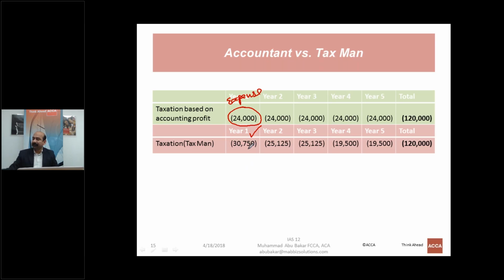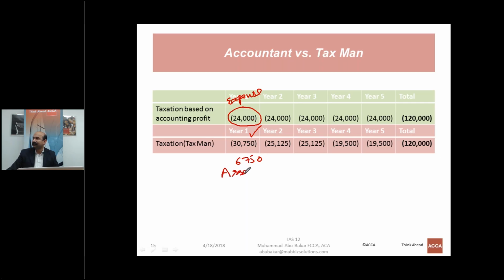Here you are paying how much more than your expense? If I calculate the difference between these two amounts, you are paying 6,750 higher than your expense. So this will become your asset. Simple.